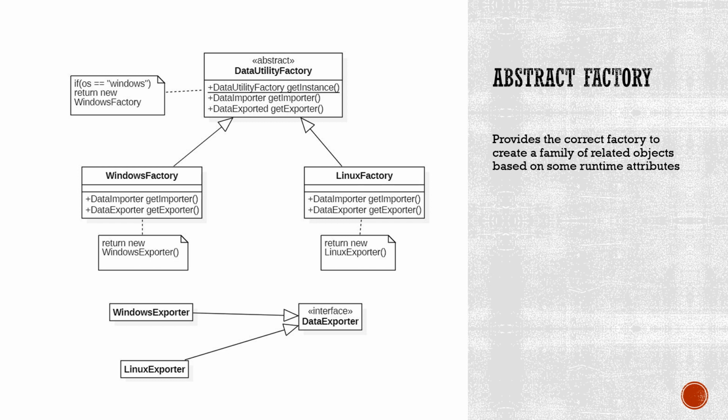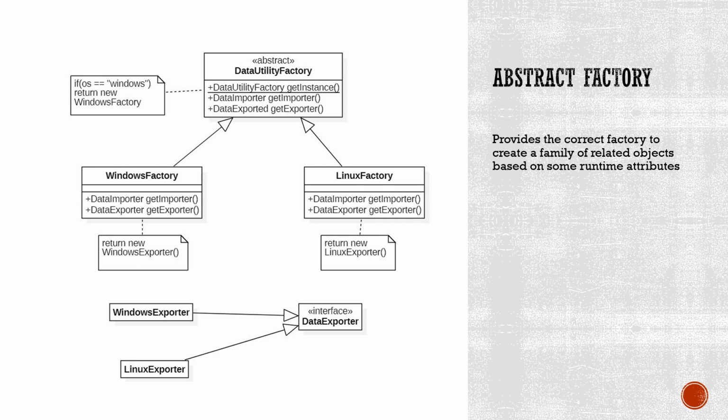So in the runtime, we request the right instance of factory. If the operating system is Windows, the get instance method from the data utility factory will return the Windows factory, and if the operating system is Linux, it will give the Linux factory.